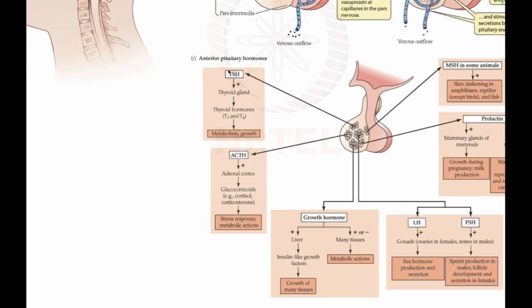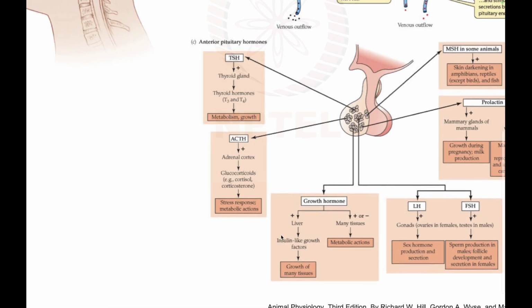Thyroid stimulating hormone acts on the thyroid gland, releasing the T3 and T4 hormones that will affect metabolism and growth. The ACTH hormone will act on the adrenal cortex, which will release the glucocorticoids, which have a role in stress response and metabolic actions.